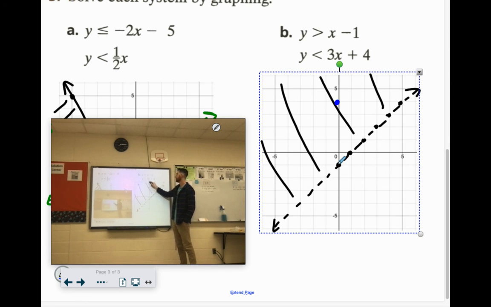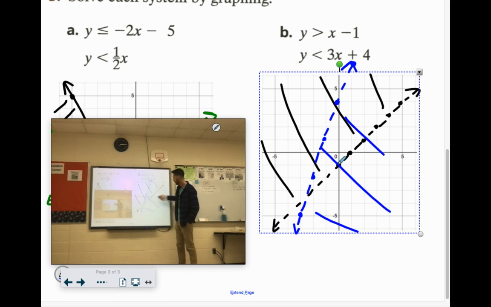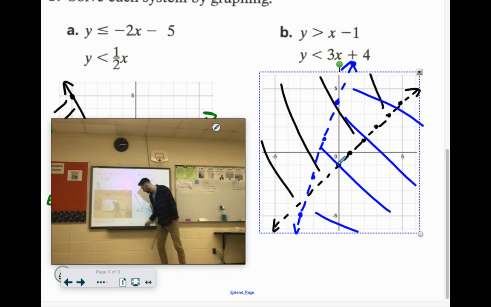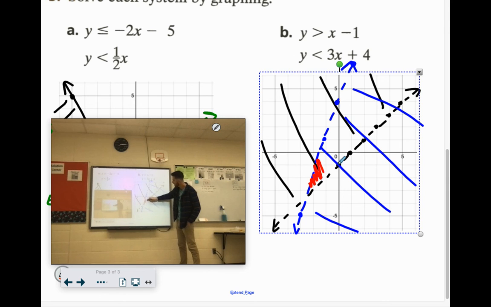Slope is 3, up 3 over 1, or down 3, left 1. Again, a dashed line. And less than on this one would be below. So they are shaded together in this B right here.